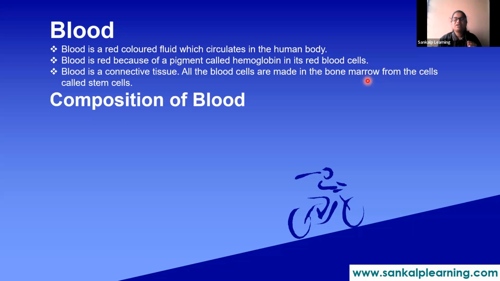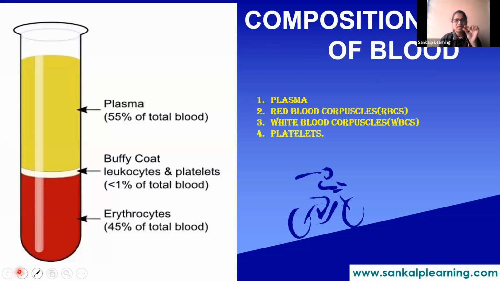So in the blood, we have a variety of components which help the blood to flow. What is the composition of blood? To know which components are present in the blood, take 1 to 2 drops of blood in a test tube, or we can say a centrifuge tube.